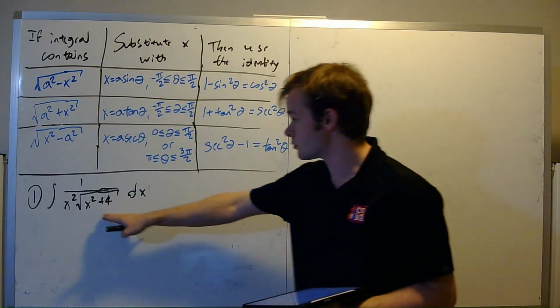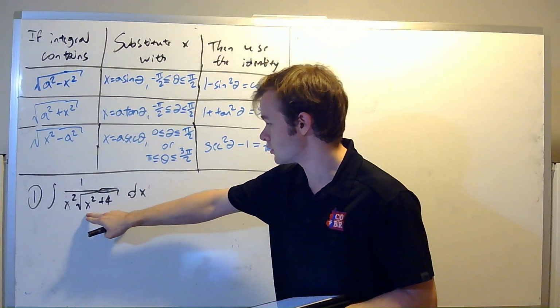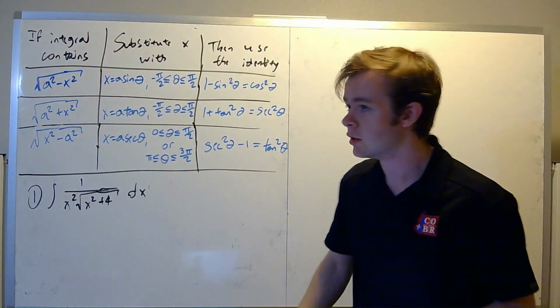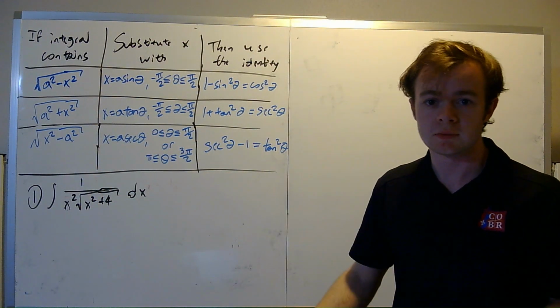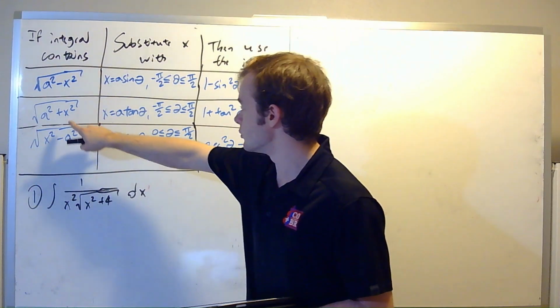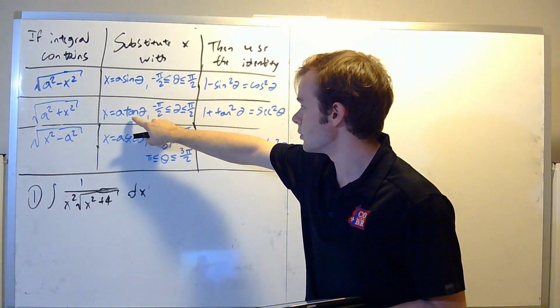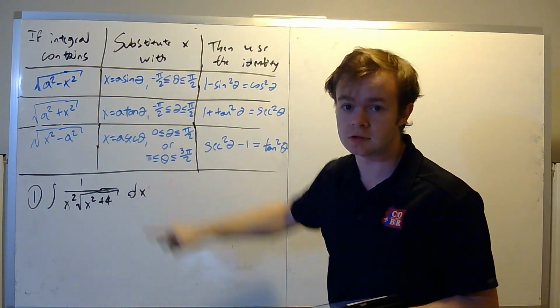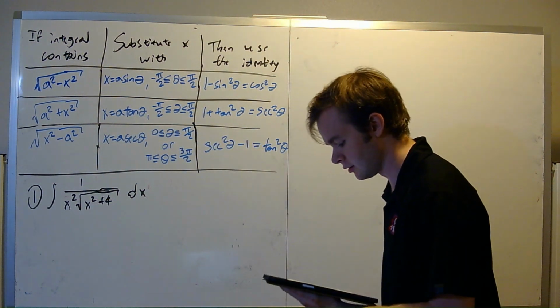And then we analyze, well, we can't solve this integral normally because we don't know how to take the square root of x squared plus 4. So we have to use the methods we're learning in this section to replace this a squared plus x squared, the square root of that, and then replace x with a tangent of theta. So we just read the table, and that's what we get, is a tangent of theta.